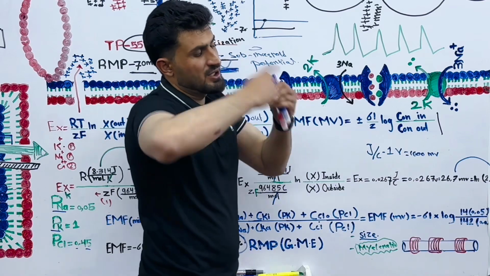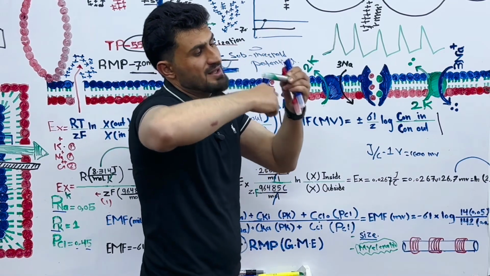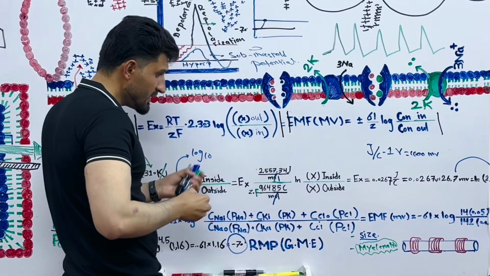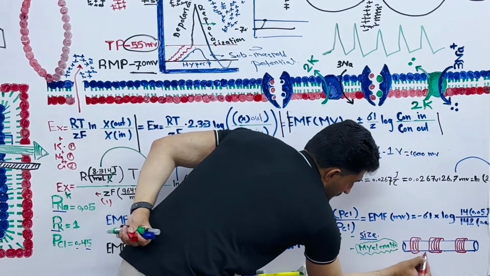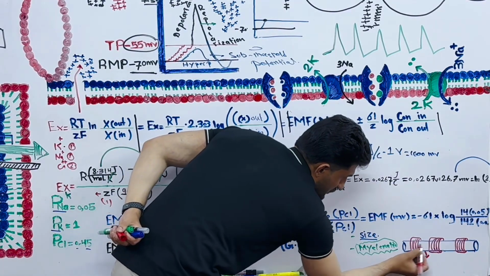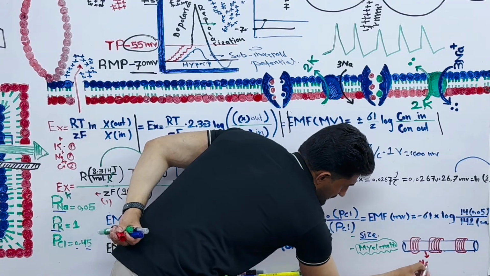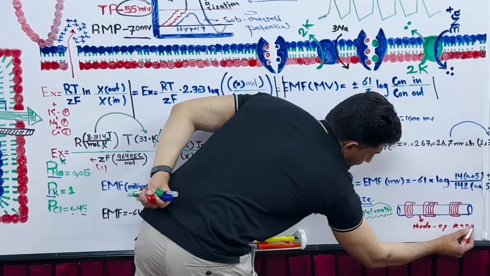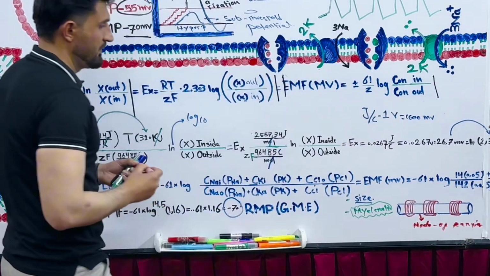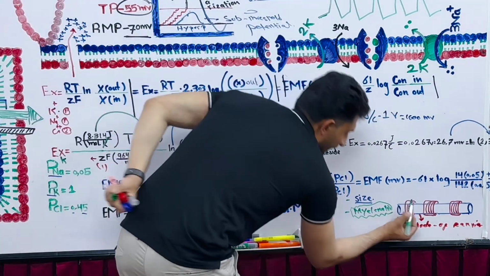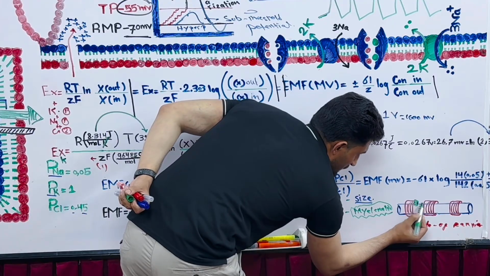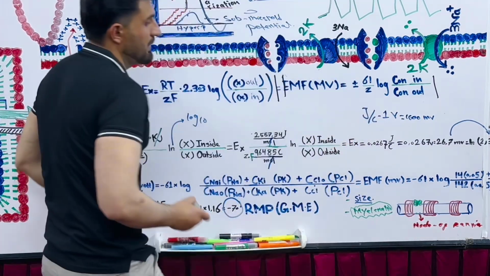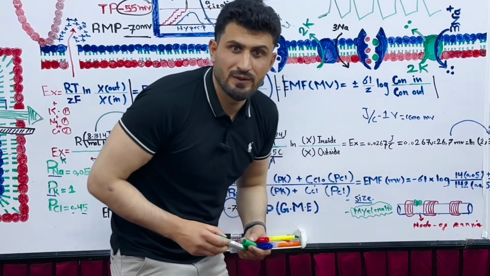When we wrap a type of cell called a Schwann cell around the neurons, this is called myelination. Now, the gap between these two myelinated areas is called the node of Ranvier. We have a lot of voltage gated channels and sodium potassium pumps in this node of Ranvier.